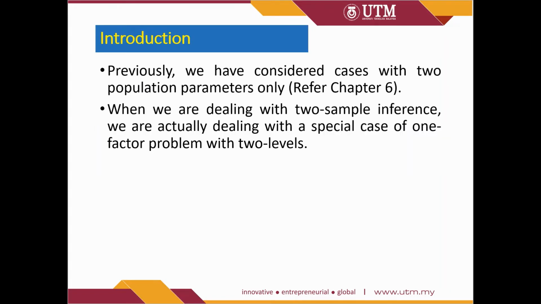Previously, we have considered cases with two population parameters only. You can refer to chapter 6. When we are dealing with two sample inference, we are actually dealing with a special case of a one factor problem with two levels.